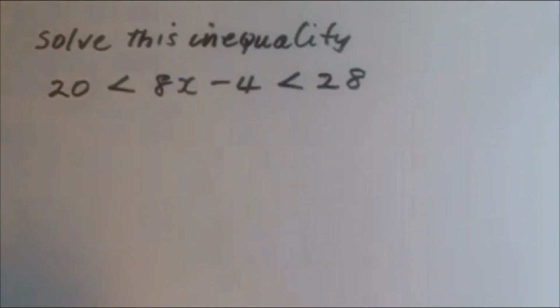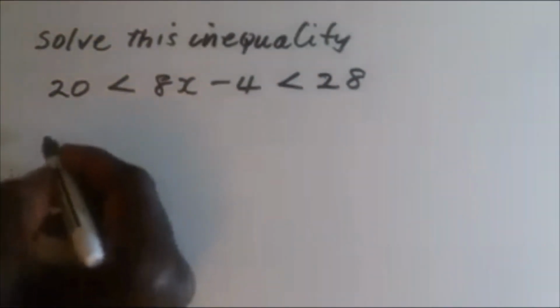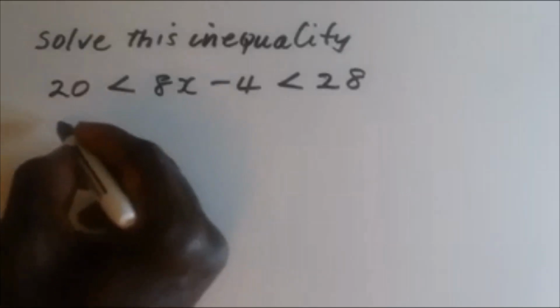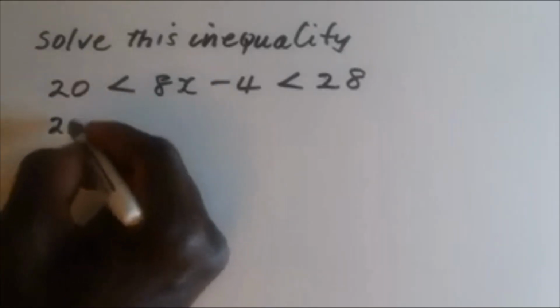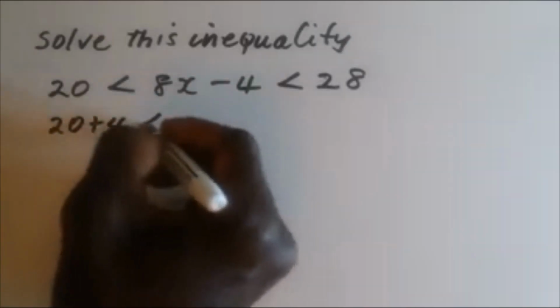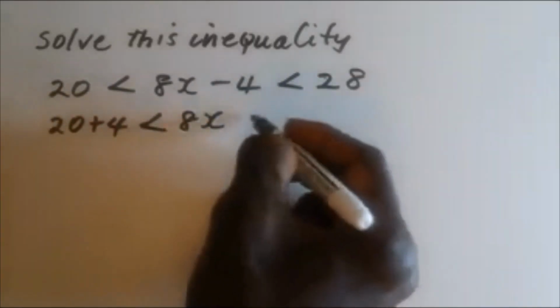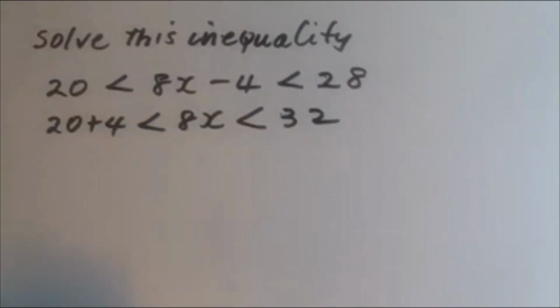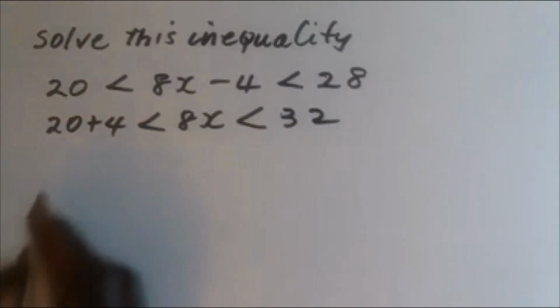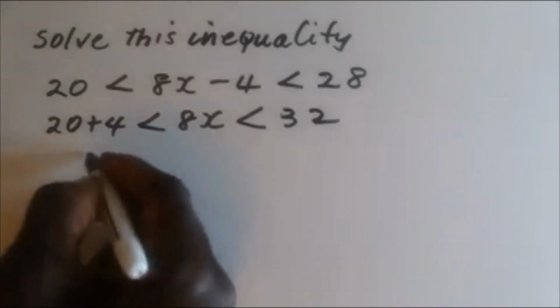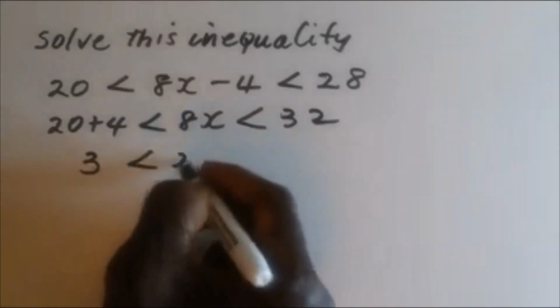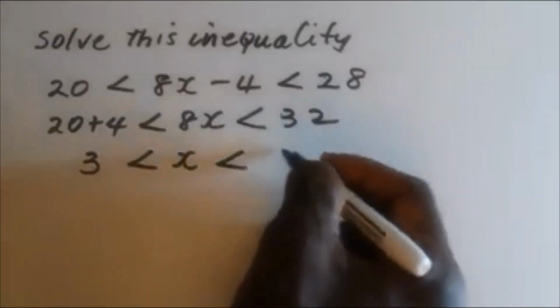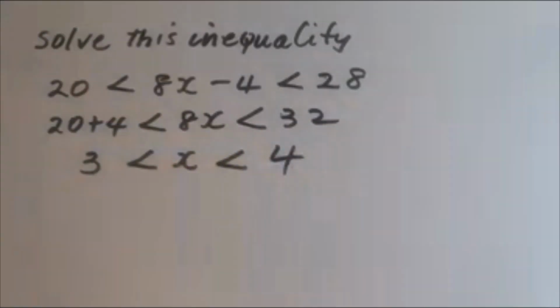We'll add 4 to each end of this expression, so we have 20 add 4 is less than 8x is less than 32, and divide throughout by 8. So this is 24, so we'll have 3 is less than x is less than 4. And that's our inequality. That's it.